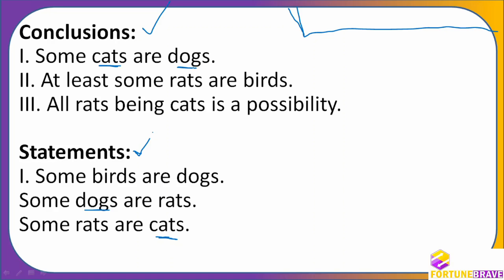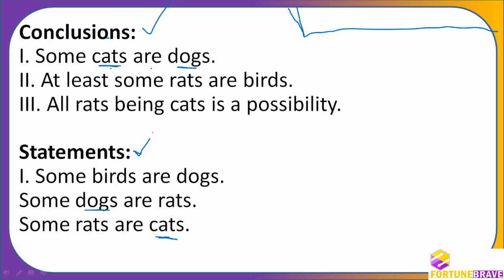First we have to find the elements that are there in the conclusions. This will be very useful in inequality. Inequality we always solve from conclusions to statements only. So you will understand this method very well, and then it will be helpful for your inequality as well.